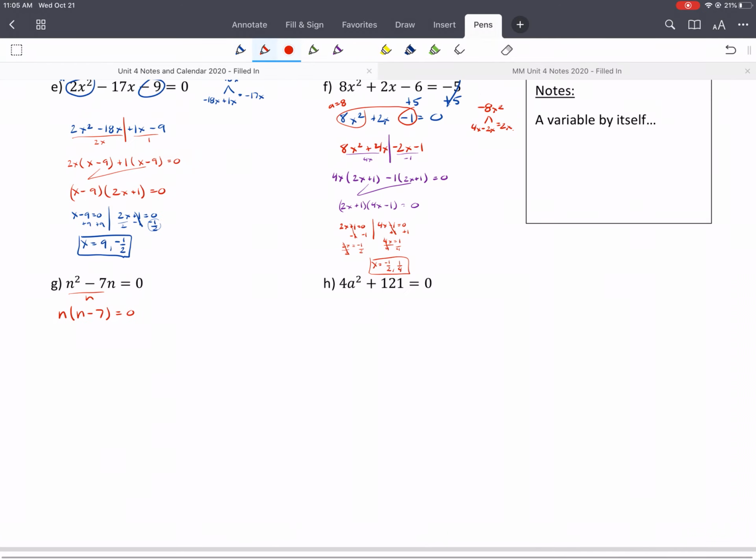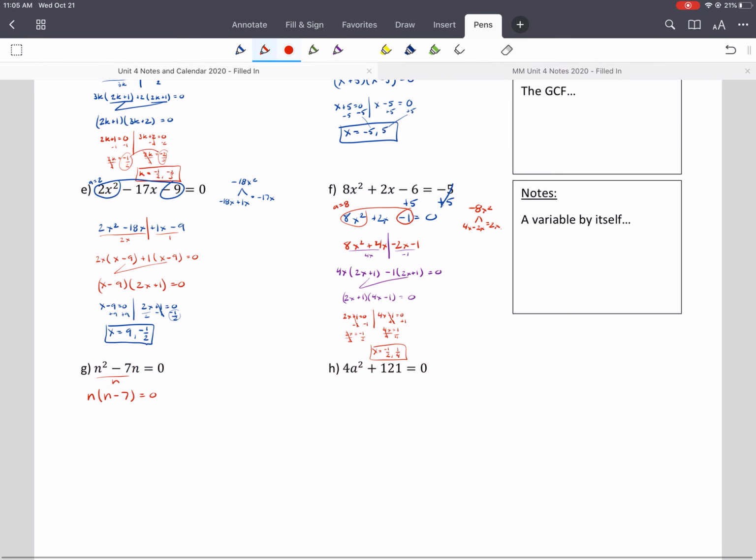So here is a note. A variable by itself gives us a 0 solution.